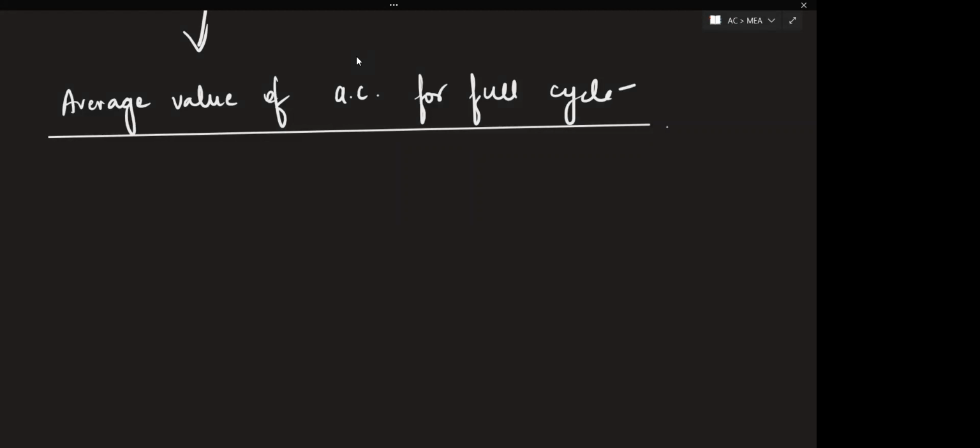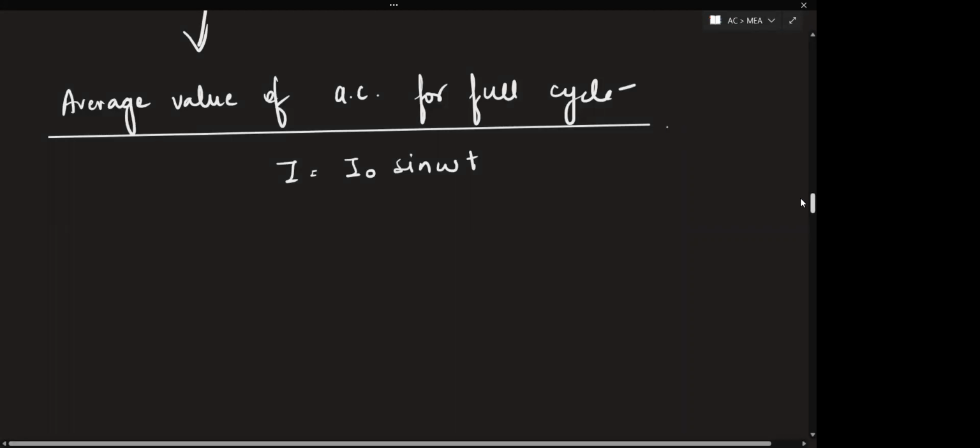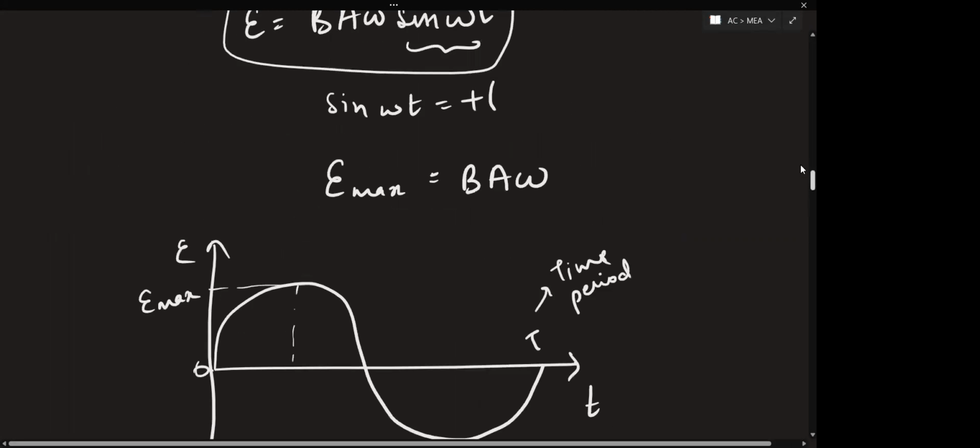Whenever you have the value of current with you, this can be done by different methods. We'll solve it by current. If I say current is I naught sine omega t. Did we discuss why we write I naught or E naught? The last class, did we discuss the peak value?